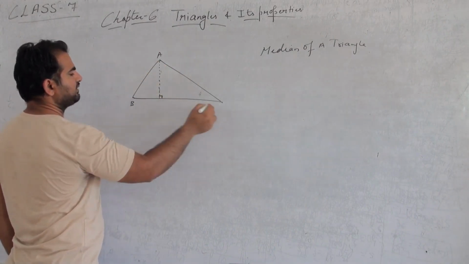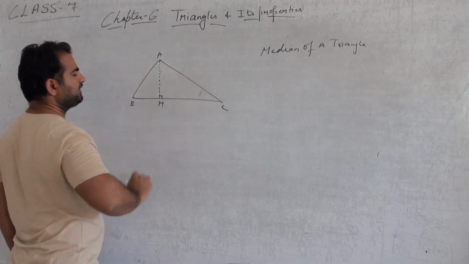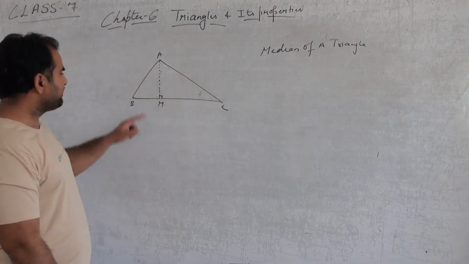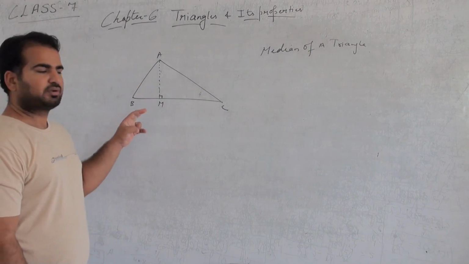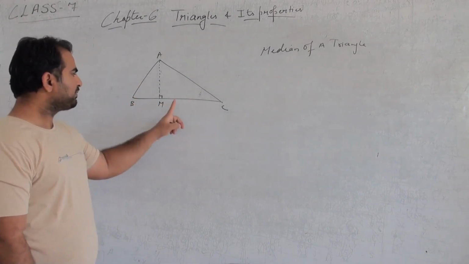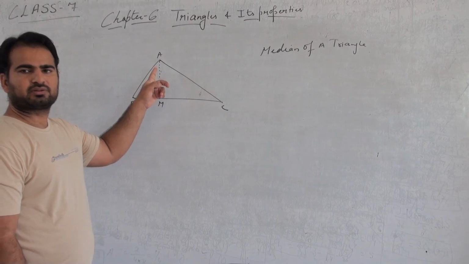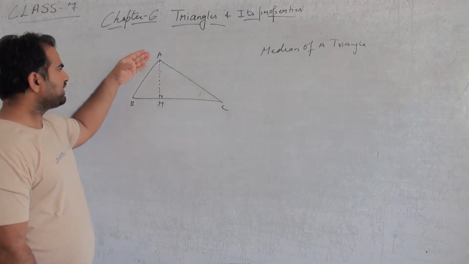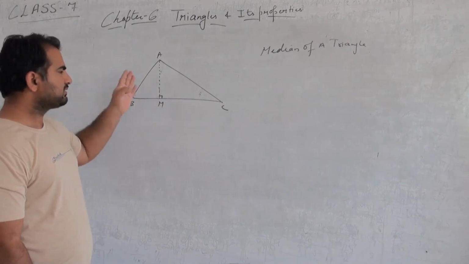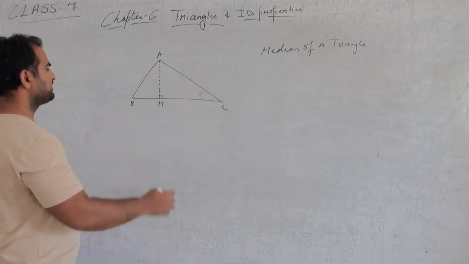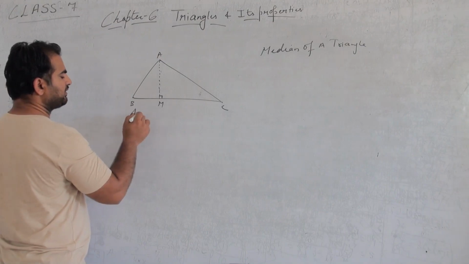A, B, C, and let it be M. So AM will be the height of the triangle. It is not the median because it is not joining the midpoint of the side to that point. The line joining the highest point to the base perpendicularly is known as the height of the triangle. This is a scalene triangle or an acute angle triangle.